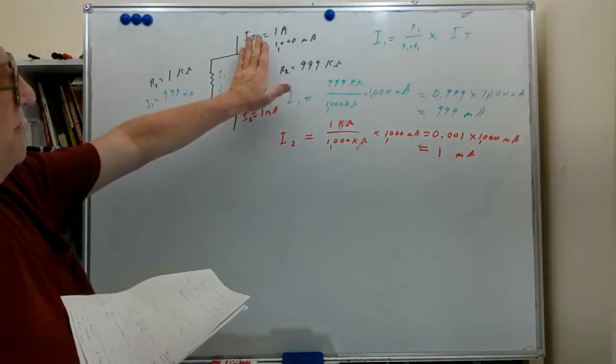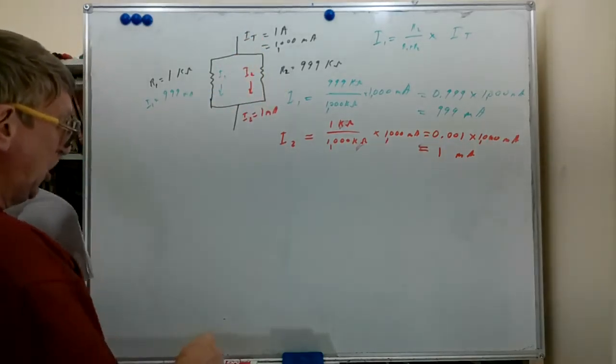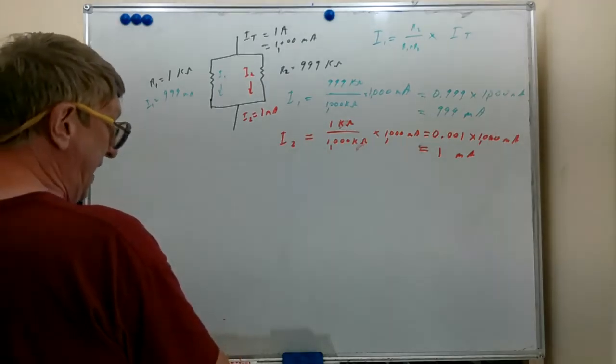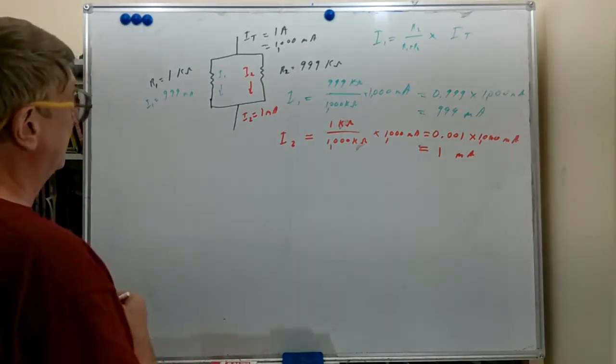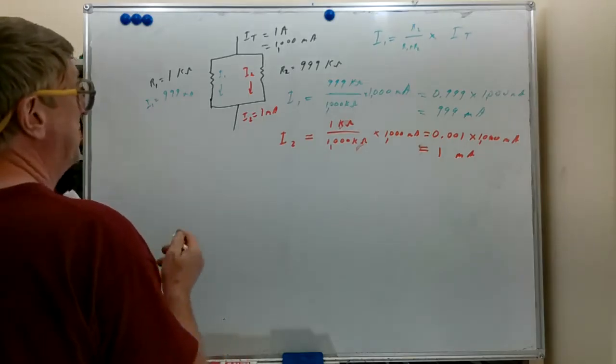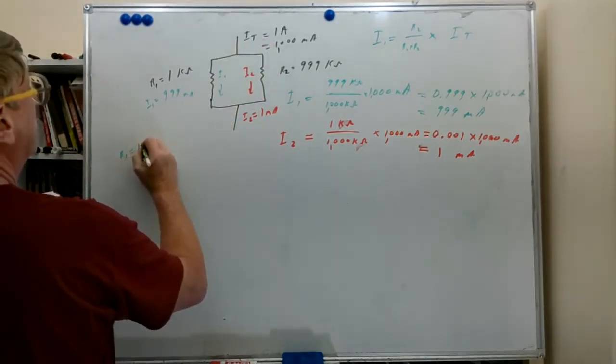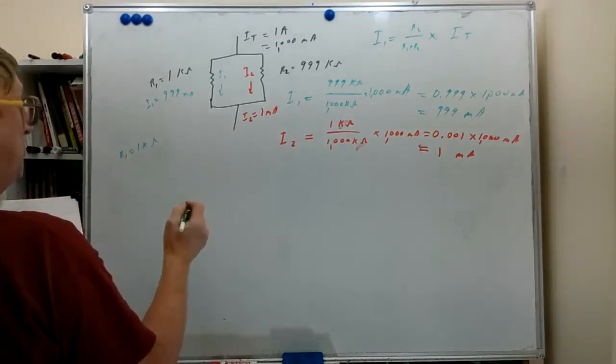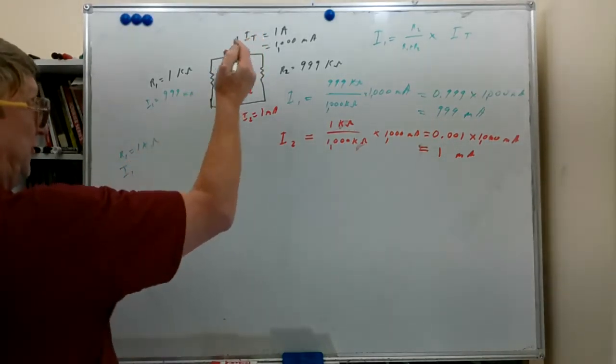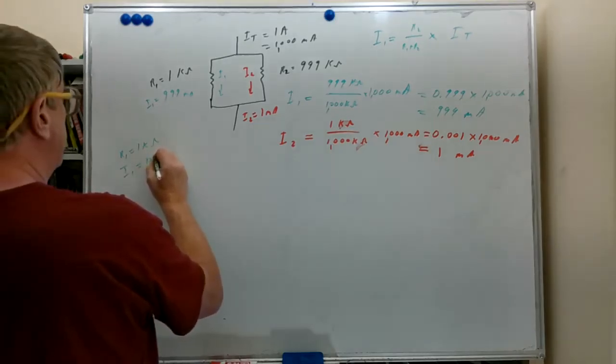If we took it out of there, say it was gone, I'm not going to actually erase it, but if we imagine it gone, what would we have then? We would still have R1 equal to 1K ohm, but we would now have I1, same applied current, equal to 1,000 milliamps.